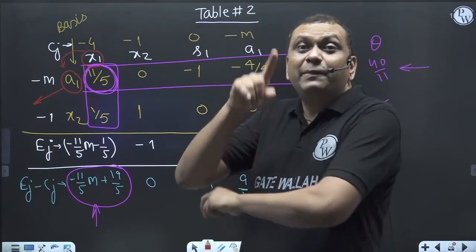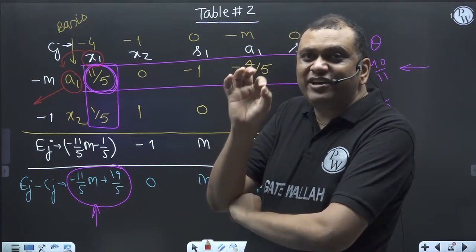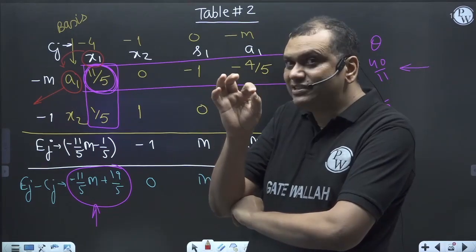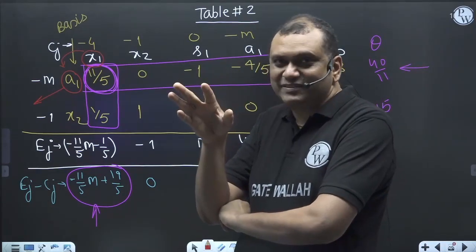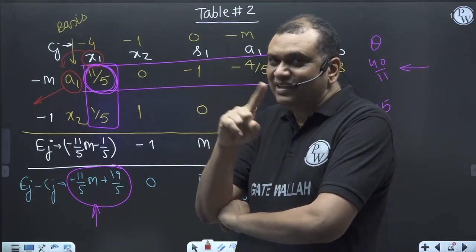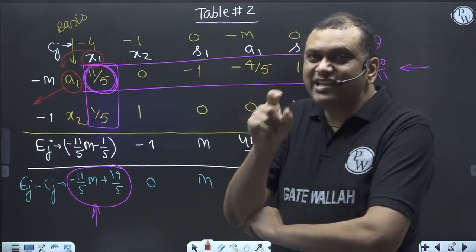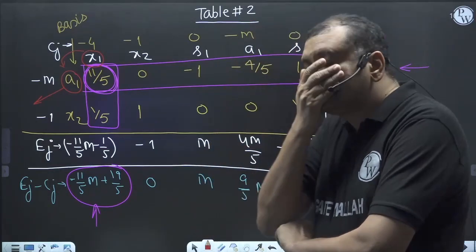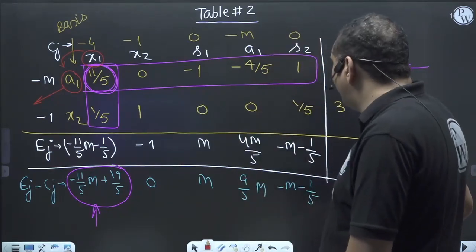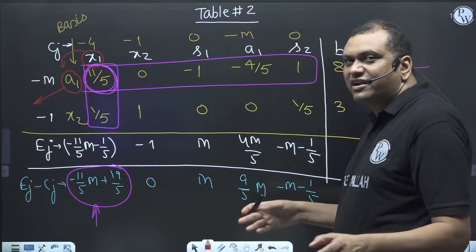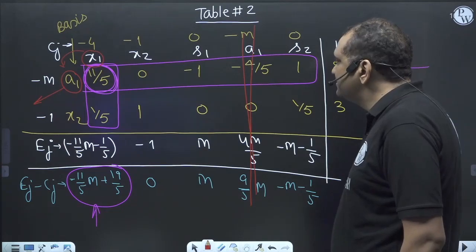But once any artificial variable leaves the basis, it never re-enters the basis again. So from the next iteration onwards, that column can be completely deleted.